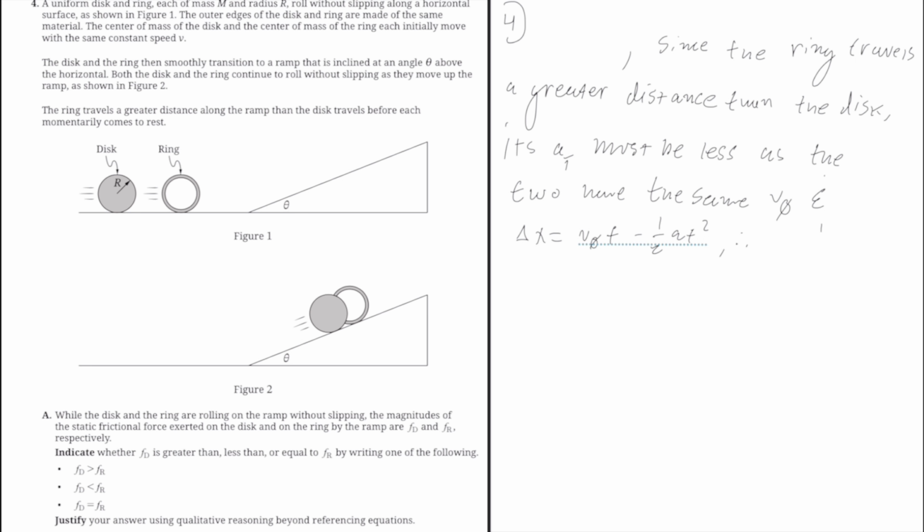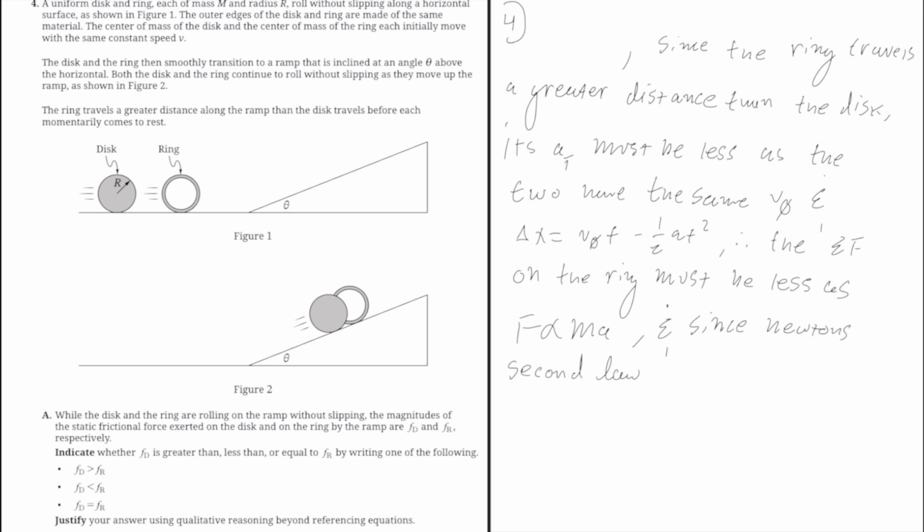So therefore, the sum of forces on the ring must be less, as F is proportional to ma. And since Newton's second law dictates that, I'm going to pick the initial velocity to be the positive.